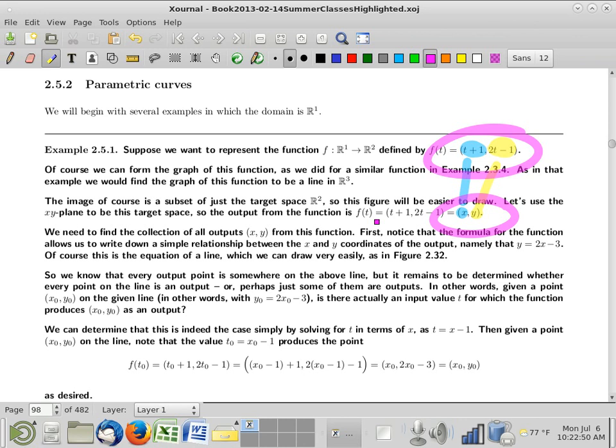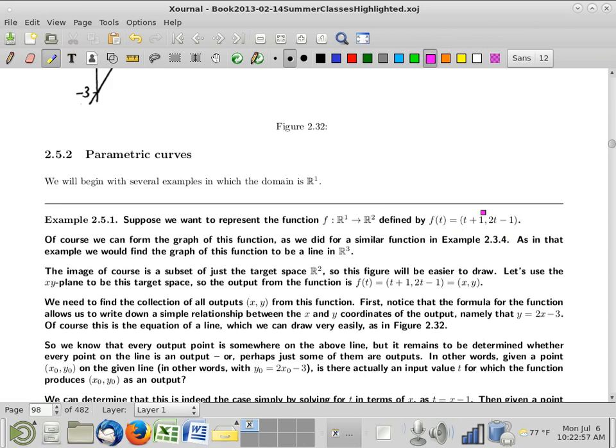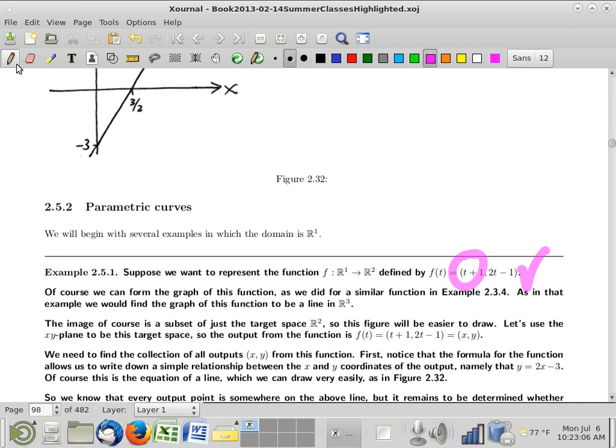I'm going to observe that by a little bit of algebraic manipulation, I can figure out what I have to do to t plus 1 to get it to turn into 2t minus 1. And here's how that sort of dumb attempt goes. If I take t plus 1, and I want to make this look like 2t minus 1, well, the first thing I would do is multiply both sides by 2. Now I have 2t plus 2. I don't want 2t plus 2.